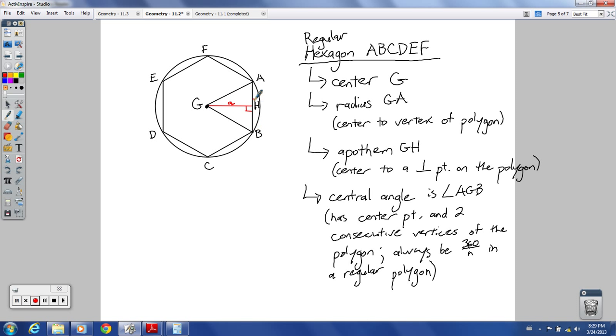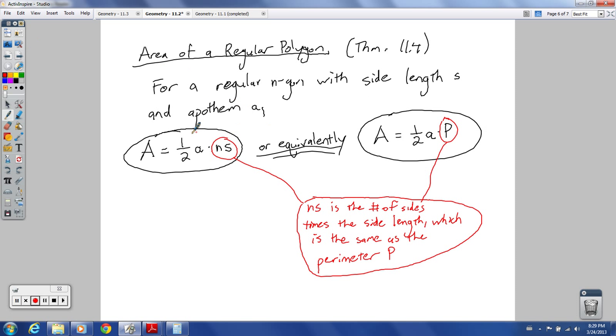So the base here would be the side length, 1/2 the side length, s times a, and then to find the whole thing, we would just multiply it by the number of triangles we could make. We could actually make 6 triangles out of this, and so that's where this comes from. It is based on the area formula for any triangle, 1/2 base times height, times the whole number of triangles that you can make.